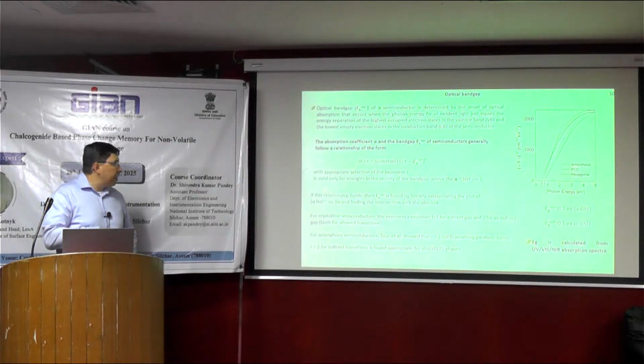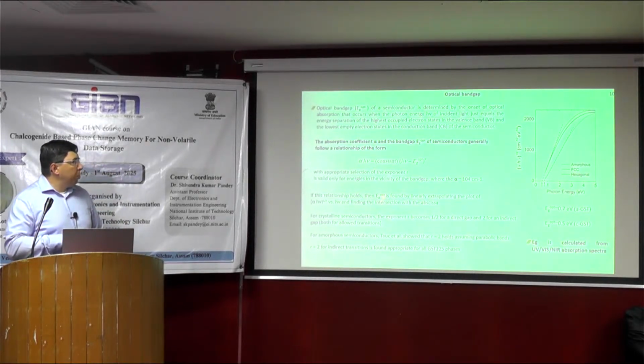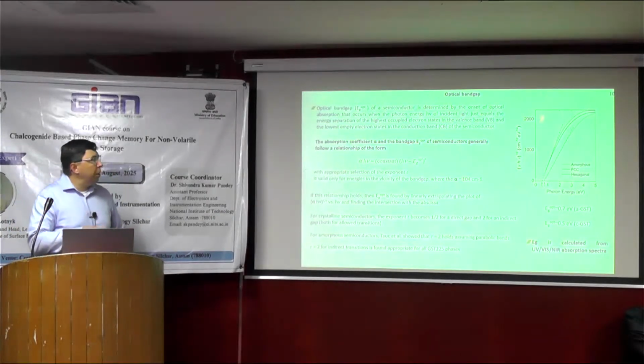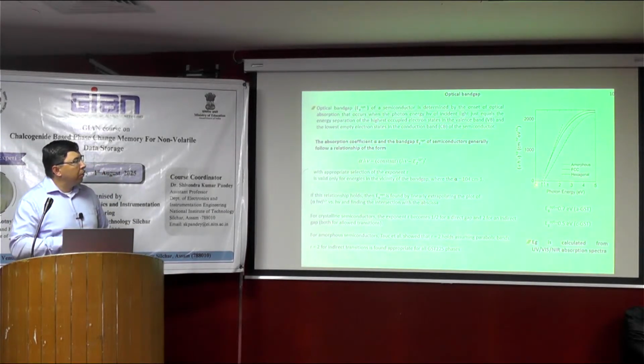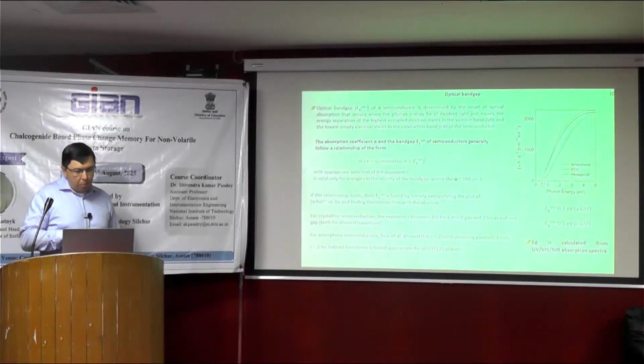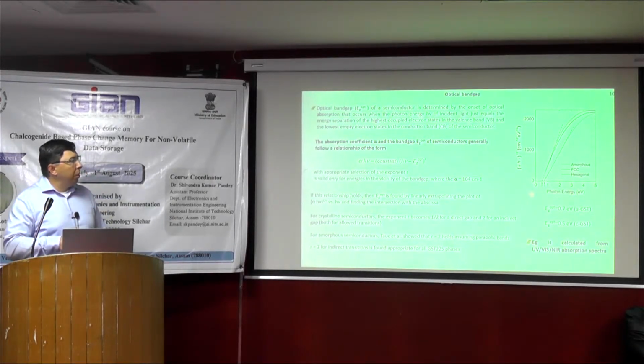Now, if this relation holds, then the optical Eg is found by linearly extrapolating the plot of alpha h nu against h nu and finding the intersection with the abscissa. So here you can fit your data from transmission in UV-Vis spectroscopy, and by drawing the line and finding the intersection with the abscissa, you can find the band gap.